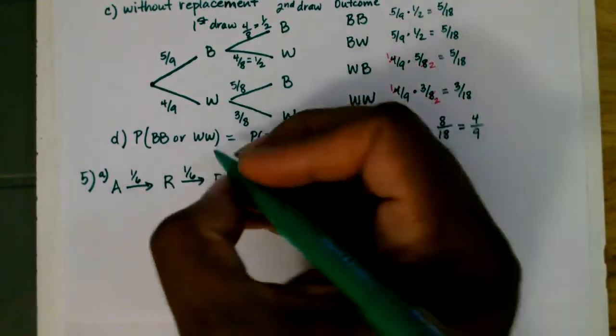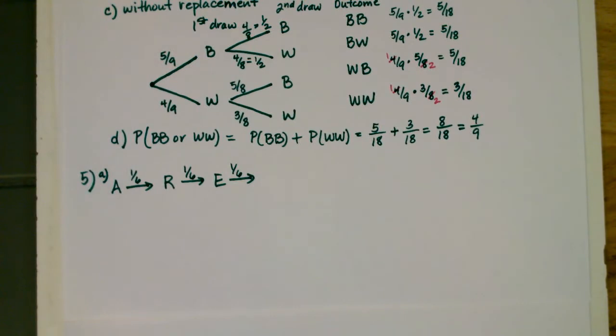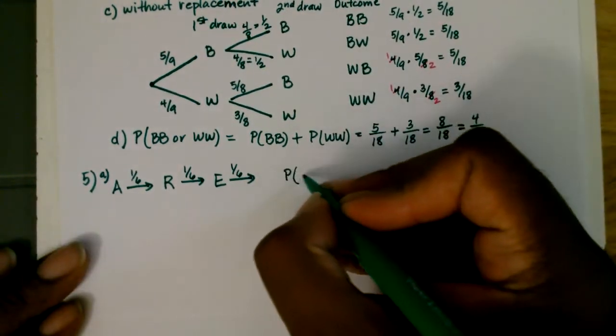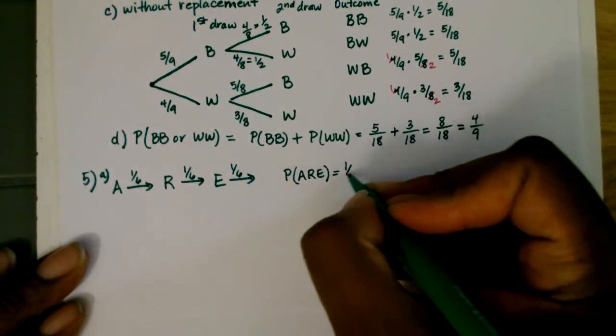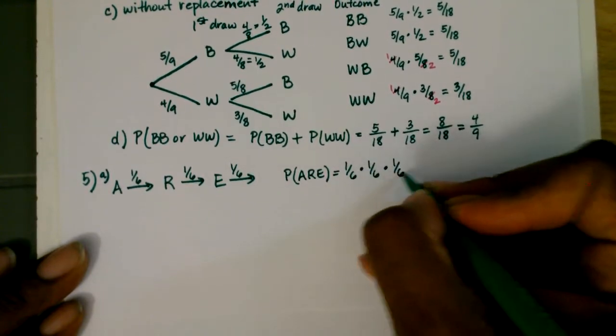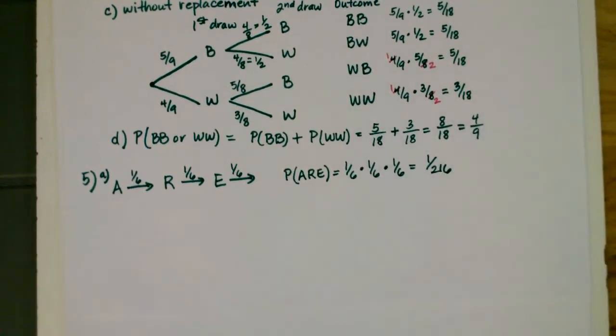And for the E, also 1/6. So in this case, the probability of ARE in that order, we just multiply 1/6 times 1/6 times 1/6. That would be 1 over 216.